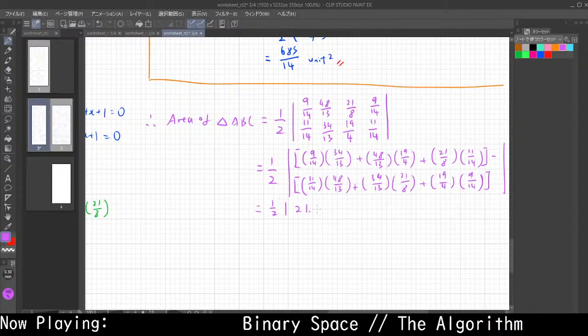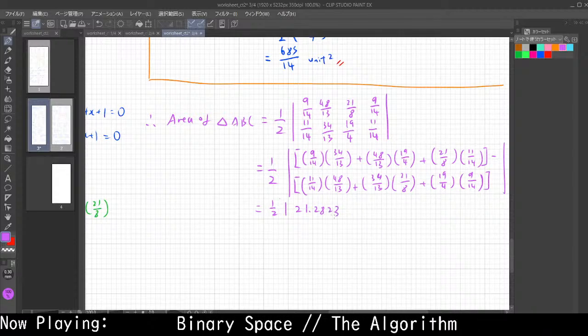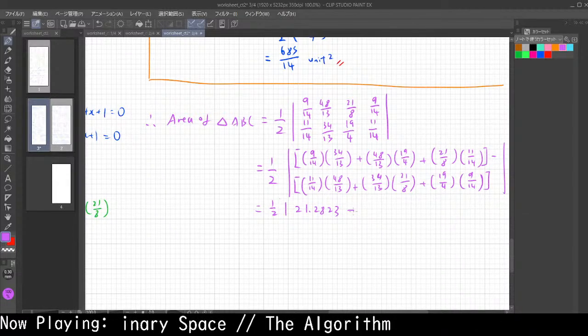The first half is 21.2823 correct to 4 decimal places.